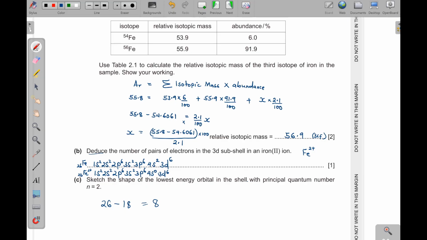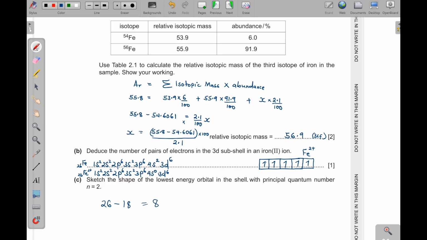Now they are saying deduce the number of pairs of electrons in the 3D subshell. This 3D has 6 electrons. Using Pauli's exclusion principle and Hund's rule, we first assign 1 electron to each orbital before we pair. Then with Hund's rule, we do opposite spins.